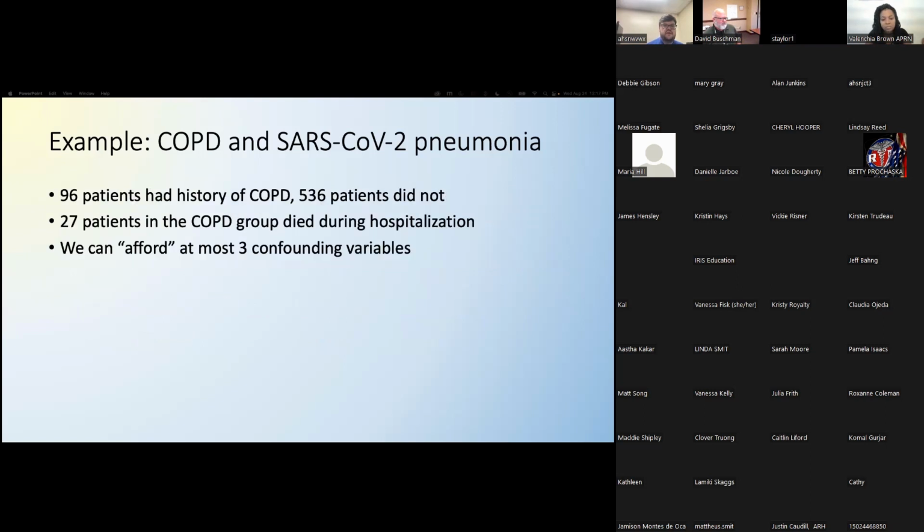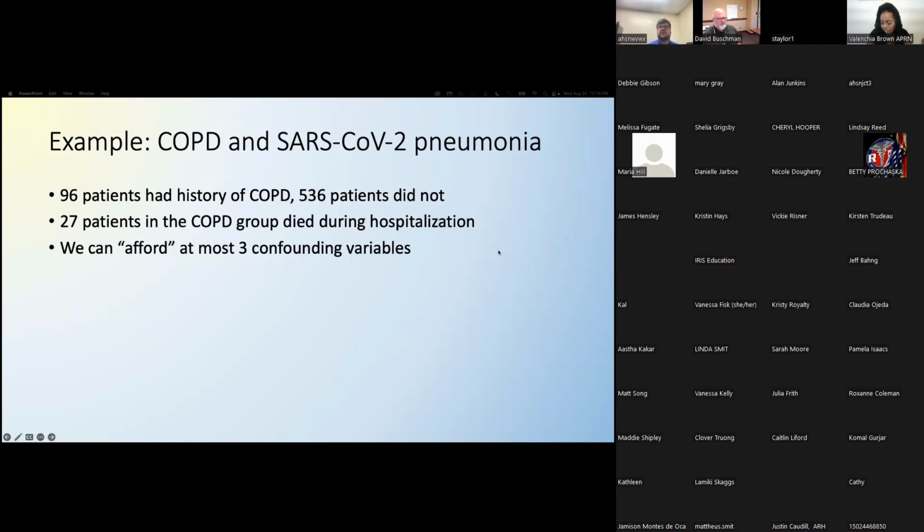Here we have 96 patients that had a history of COPD and 536 patients that didn't. So already we can see that we have almost a 1-to-5 ratio of cases to controls, so to speak, or those at risk to not at risk. Then we had 27 patients in the COPD group that died during hospitalization.